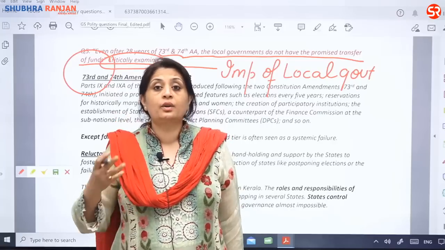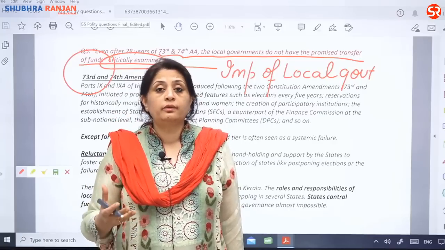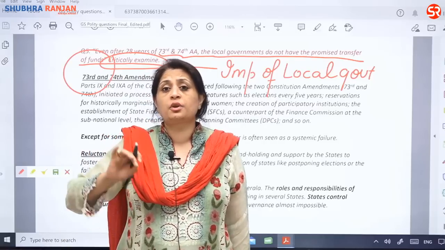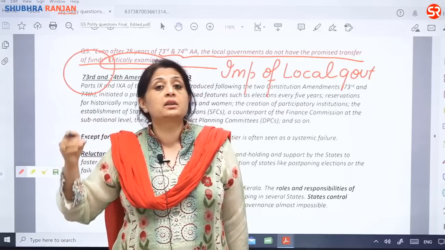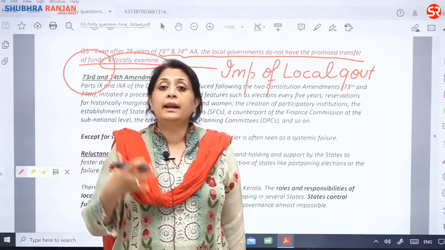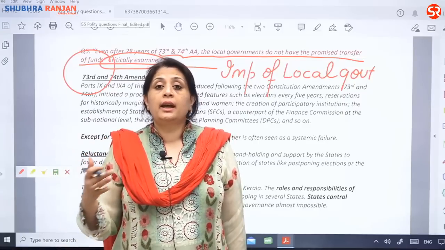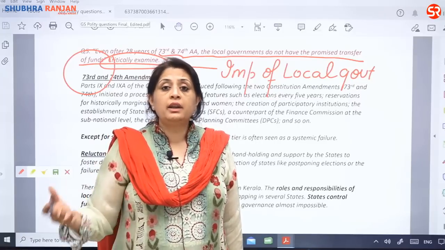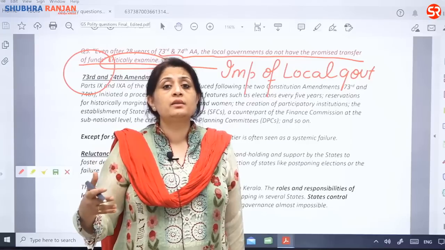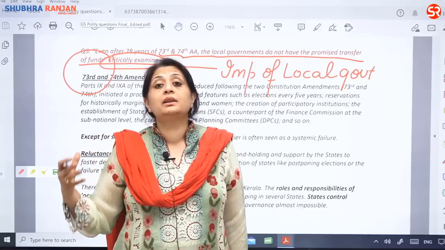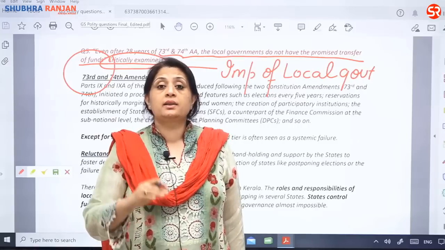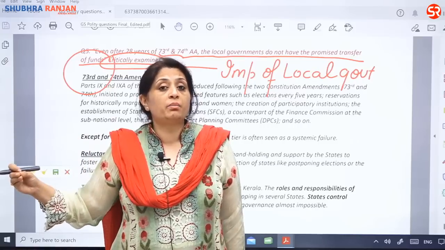The wheel of the government cannot move without funds. One of the reasons for the failure of panchayats earlier was the lack of adequate funds. Hence, in the 73rd and 74th Amendment Act, there is a provision for the State Finance Commission, so that local self-government gets regular and dependable funds.